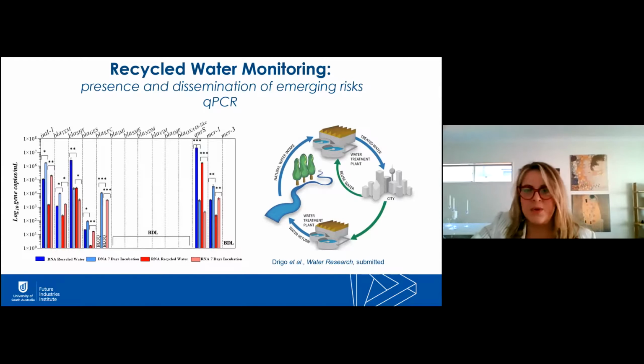In these slides, you can see one of our recent articles, where we quantify the presence of antimicrobial resistance genes in reclaimed water or wastewater treatment plant effluents to evaluate the effect of treatment and disinfection. We also evaluate the capacity of organisms carrying antimicrobial resistance genes to regrow in the environment post-disinfection.